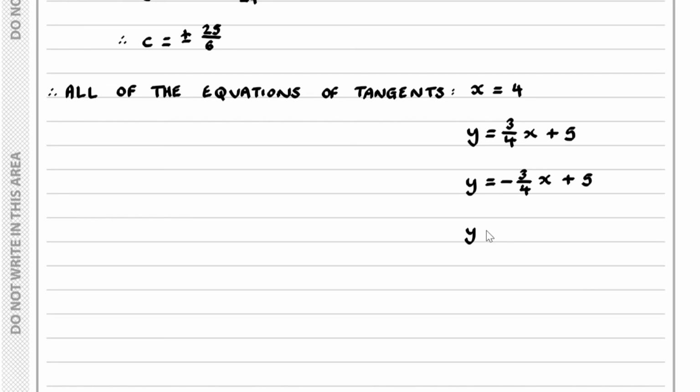And we also have y equals 7 over 24 x minus 25 over 6. Here are all the equations of the tangents.